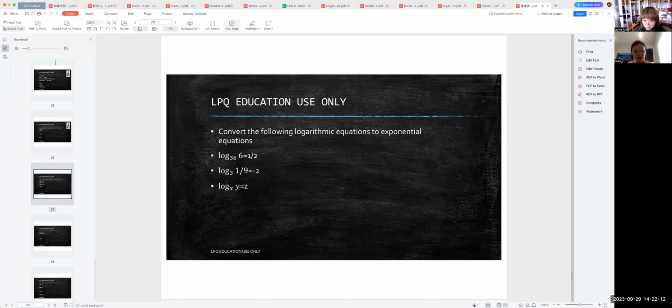Converting the following logarithmic equation to the exponential form.